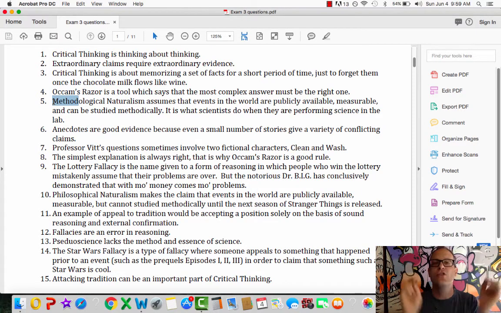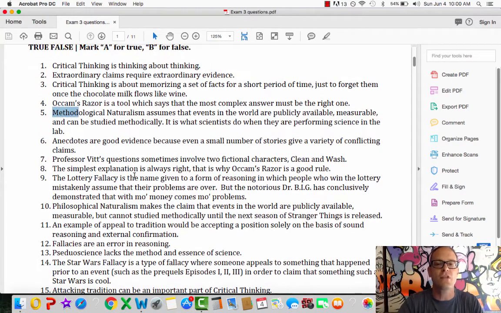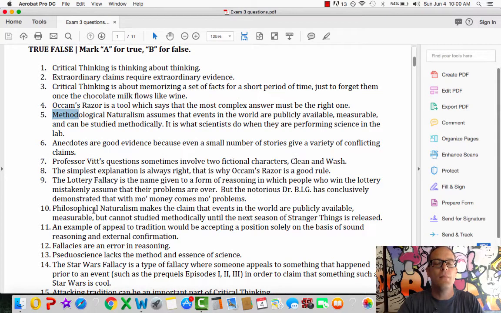So remember, there are two types of naturalism. One that says, well, we just assume that this is true, but we're not going to really make the claim. And then there's a stronger form, a philosophical naturalism, that says we claim events in the world are publicly available, measurable, and can be studied methodically.